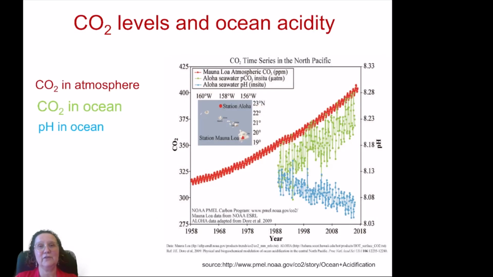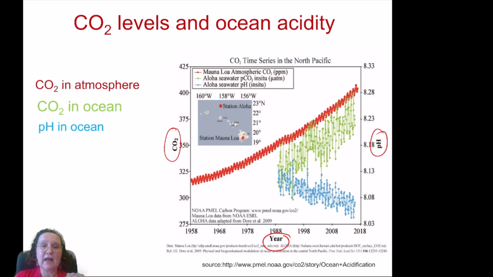How does this affect the acidity of our oceans? Here at the bottom you've got years between 1958 and 2018. On the left hand side you have the concentration of CO2 in the atmosphere, and on the right hand side you have the pH of the ocean.